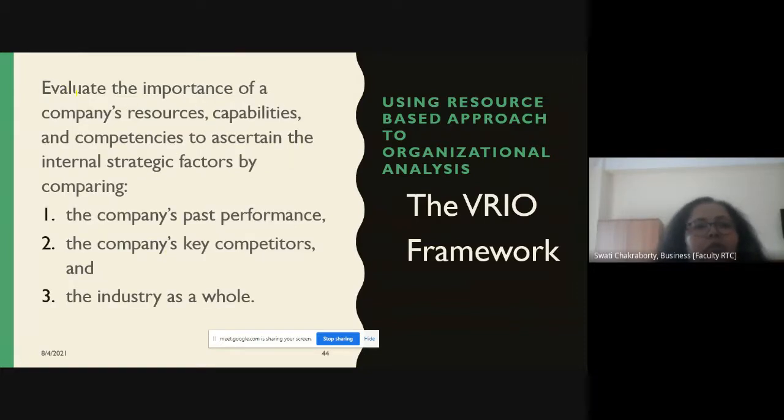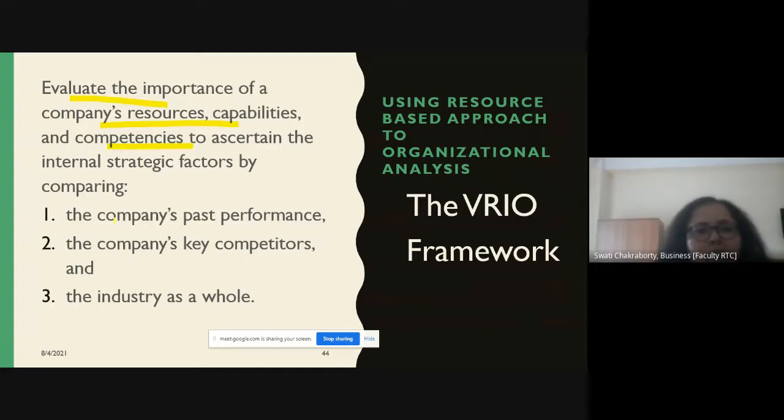Okay, now you need to evaluate the importance of your resources, capabilities, and competencies, to come out with the internal strategic factors that you have, which are giving you an upper edge. How can that be done?